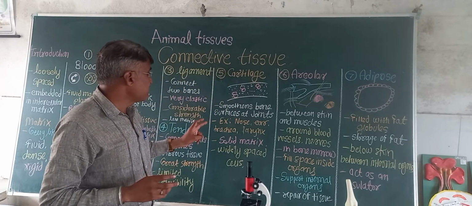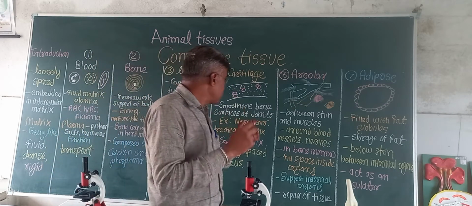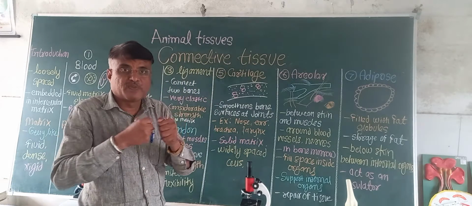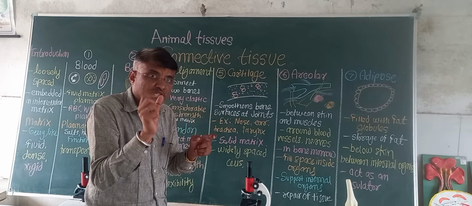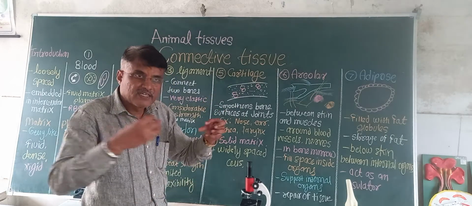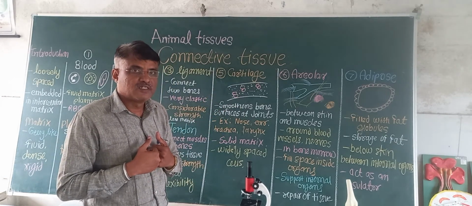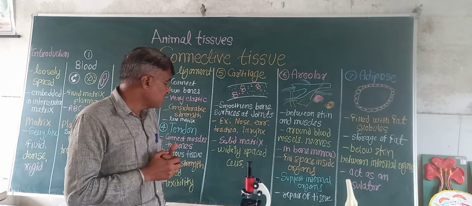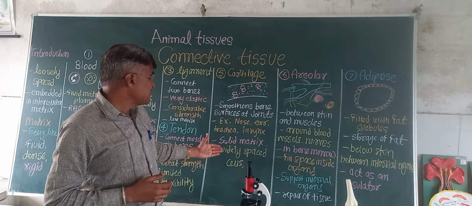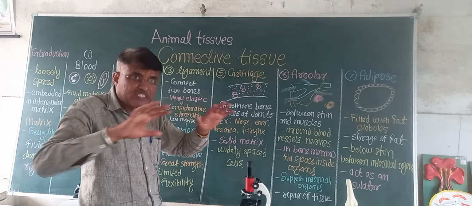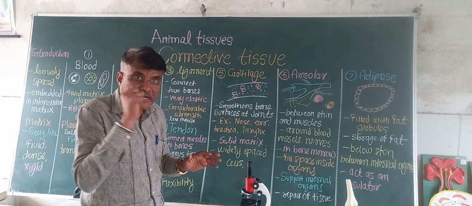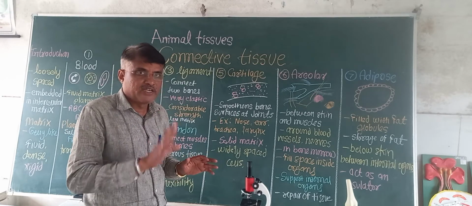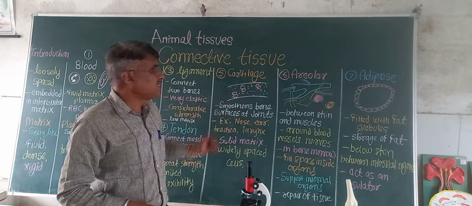Cartilage. And the surfaces of the bones where the joint takes place also contain cartilage, so that two bones get joined by the ligament. All of you got it? The cells present in the cartilage are widely spaced, and the matrix is also solid, not liquid. Solid matrix is present in the cartilage.